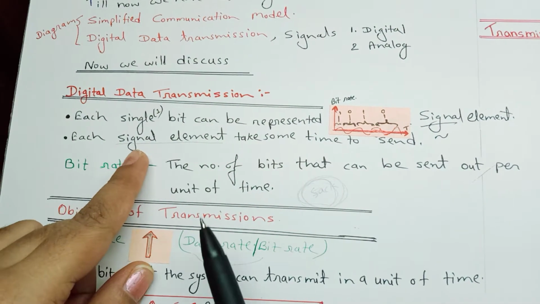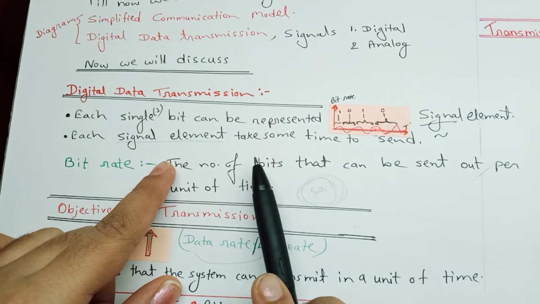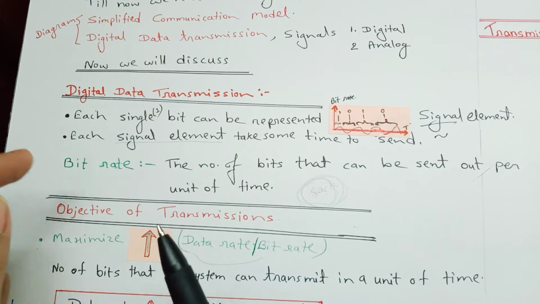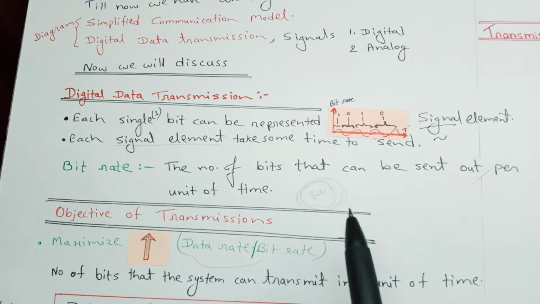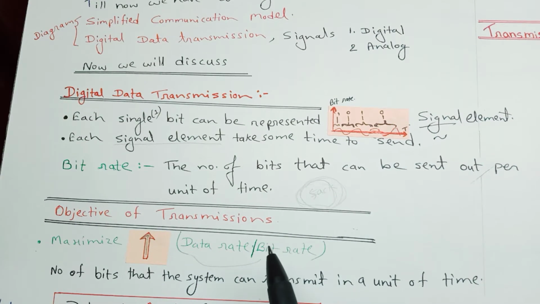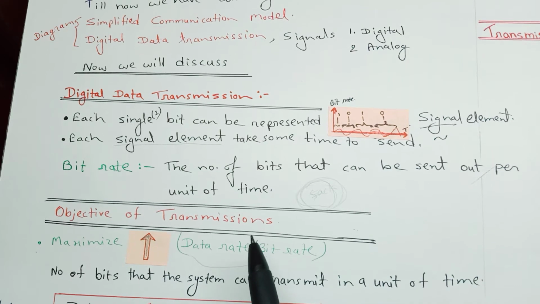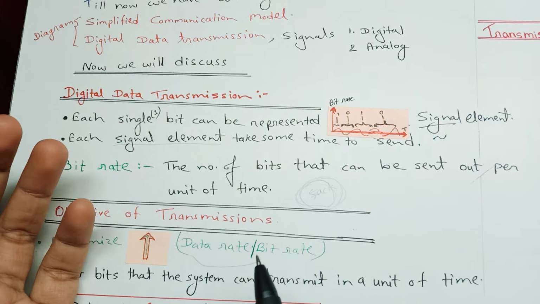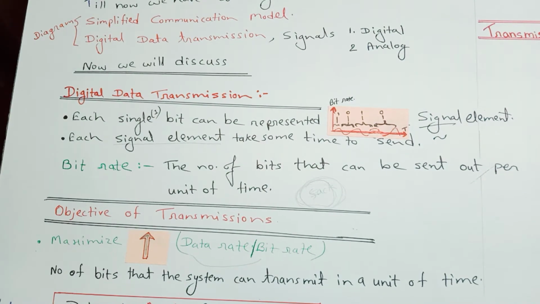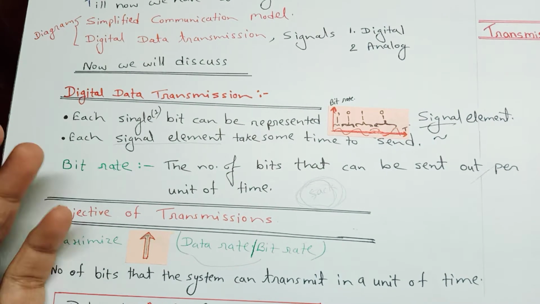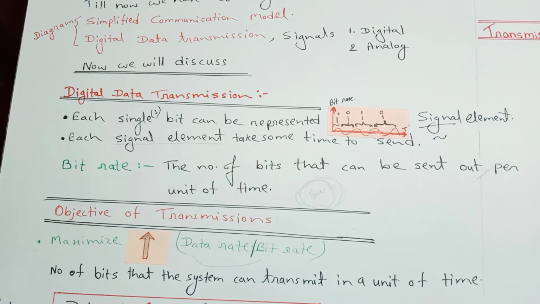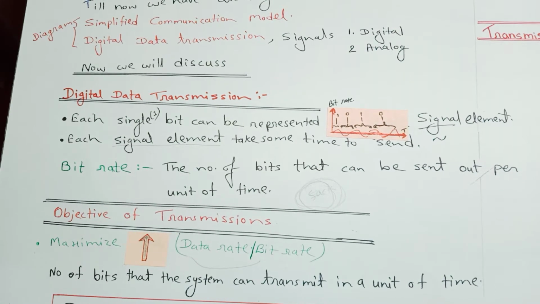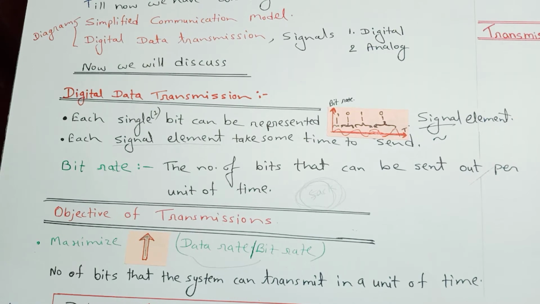Each signal element takes some time to send. I already discussed bit rate: the number of bits that can be sent out per unit time. As we all know, a rate of anything is calculated per unit, just like minute, second, as we do in mathematics.